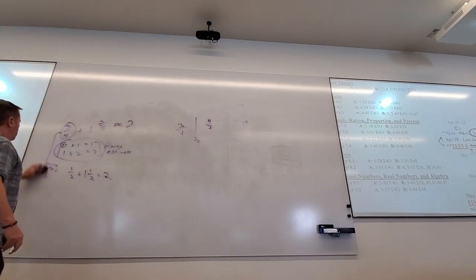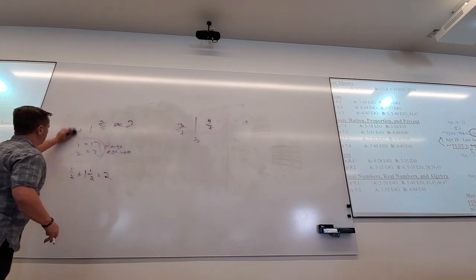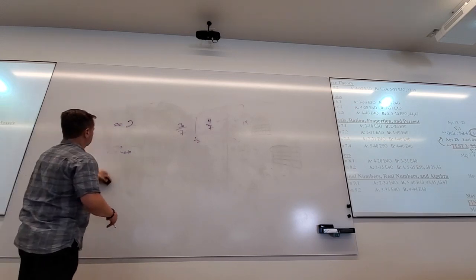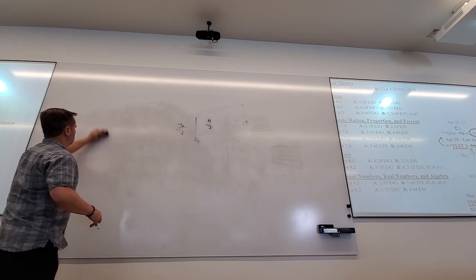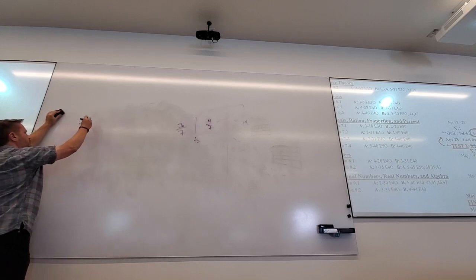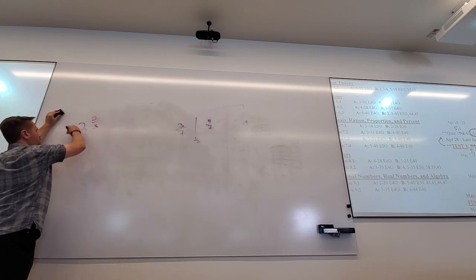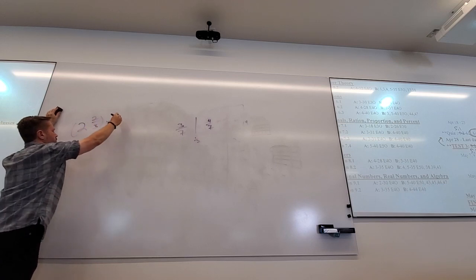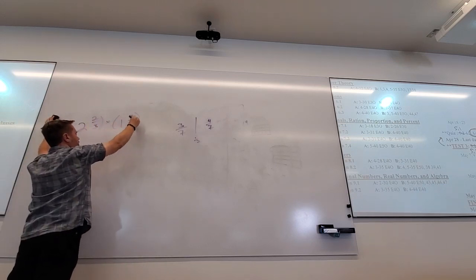So, we've talked about mixed numbers before. So how in the world would I do 2 2/3 times 1 4/5 or whatever?